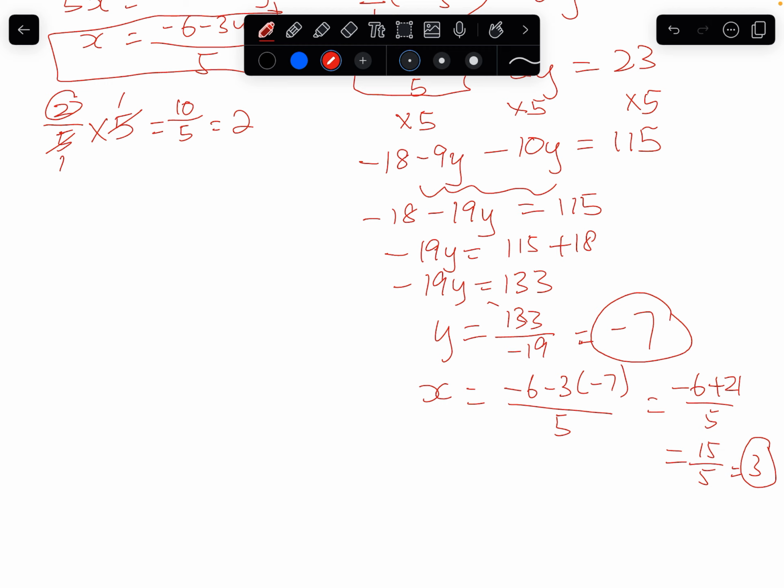But of course, if the question states otherwise, then we simply have to follow the instructions of the question. So I hope this crash course gives you a rough sense of how to solve simultaneous equations or systems of equations by both the elimination and the substitution.